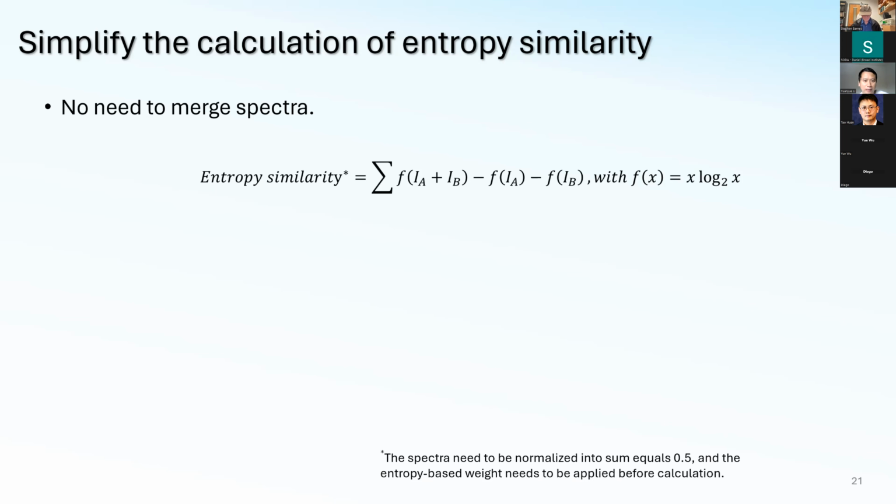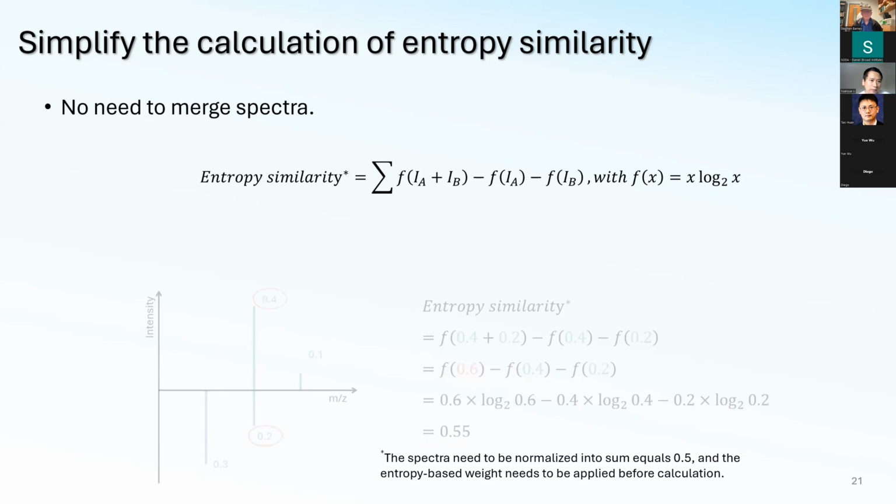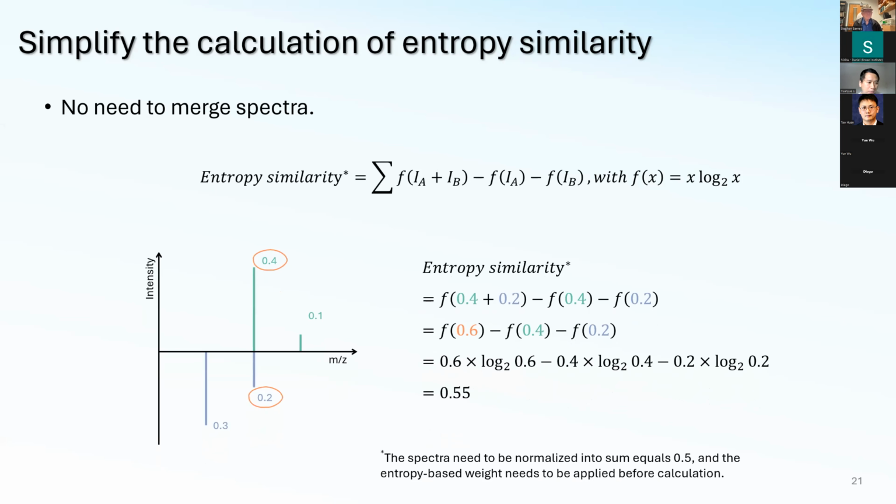This formula looks slightly complicated, so I'll just show you an example. For example, if we want to compare these 2 spectra, the upper spectrum has 2 ions with intensity 0.4 and 0.1. The bottom spectrum has 2 ions with intensity 0.3 and 0.2. And only the 0.4 and 0.2 ions match, having the same m/z. Therefore, the entropy similarity only depends on these matched ion pairs.